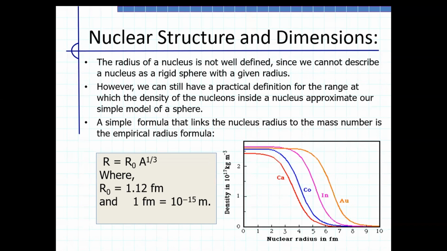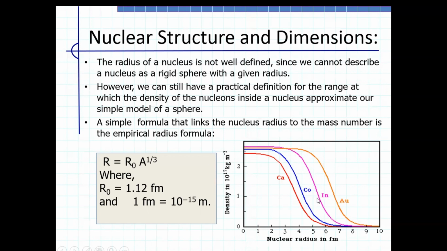The density remains constant, and scattering shows this, that the core of the nucleus is rigid, hard, and the density remains almost the same. The variation occurs at a certain distance away, the nuclear radius in femtometers. So we see that it is constant, constant, constant, and then a sharp decrease.